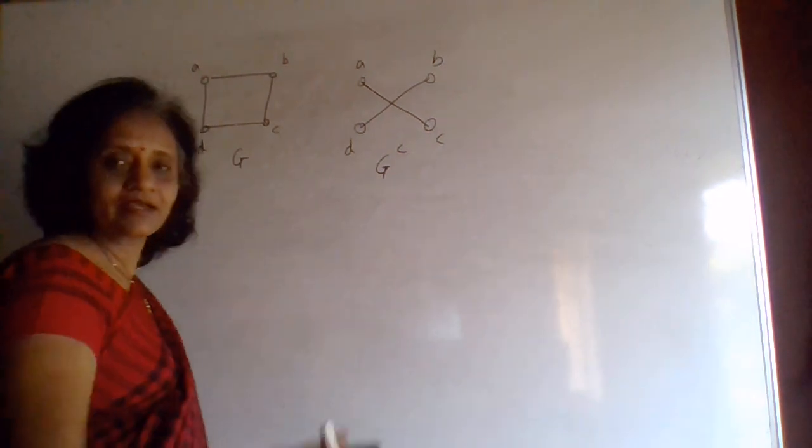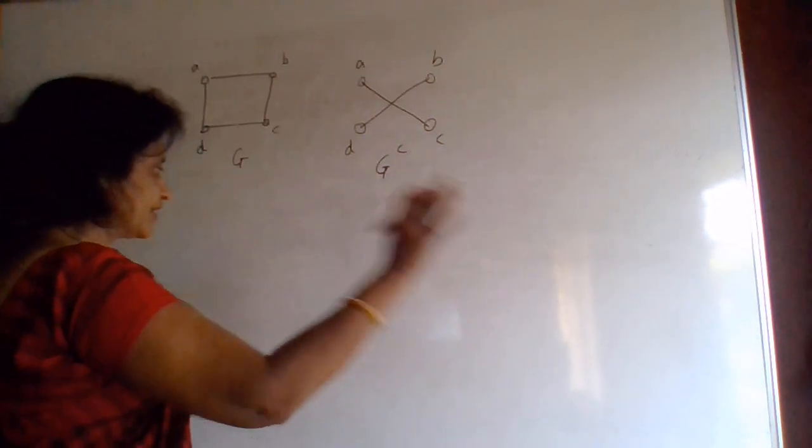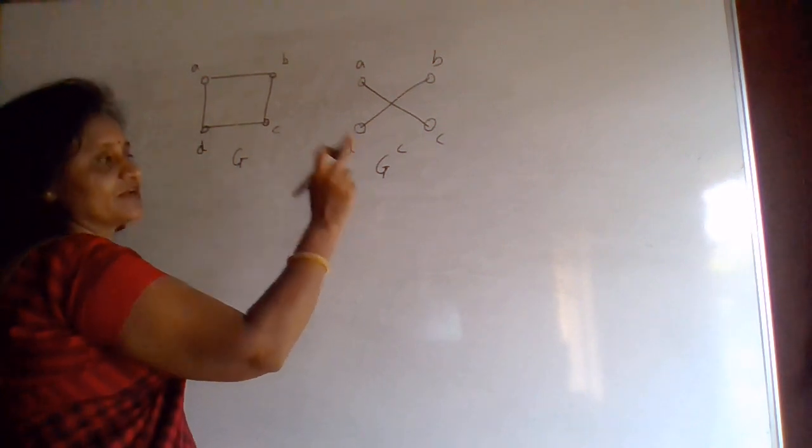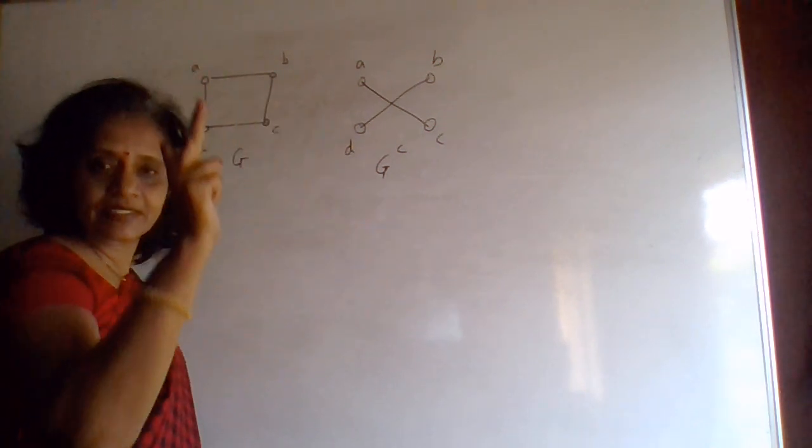Now you think, how will I define G complement? I gave you the meaning. How to define it? We can define it in this way. When I have to define any graph, the first thing is to define the vertex set and then the edge set.